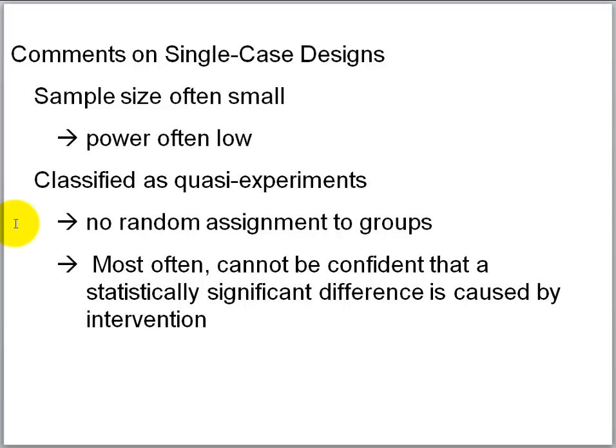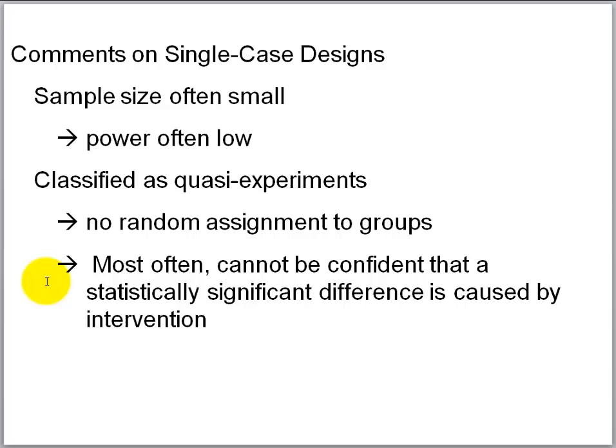And because we don't have random assignment to groups, it is difficult to know, and indeed almost always we can't be confident that a statistically significant difference is indeed due to the intervention. So just as an example, in the prior example, we saw greater socialization in the intervention phase than in the baseline phase, and the baseline to intervention difference was a statistically significant one.